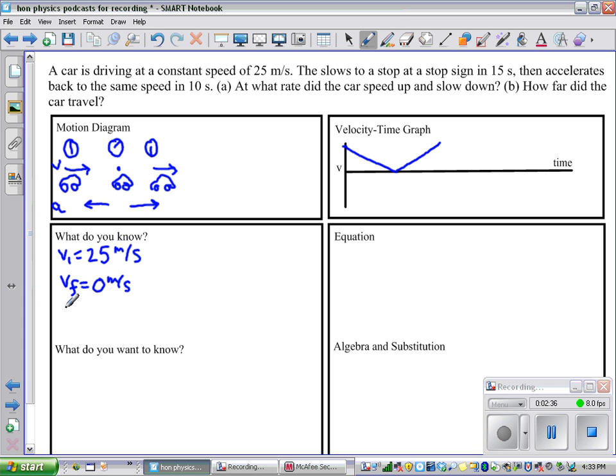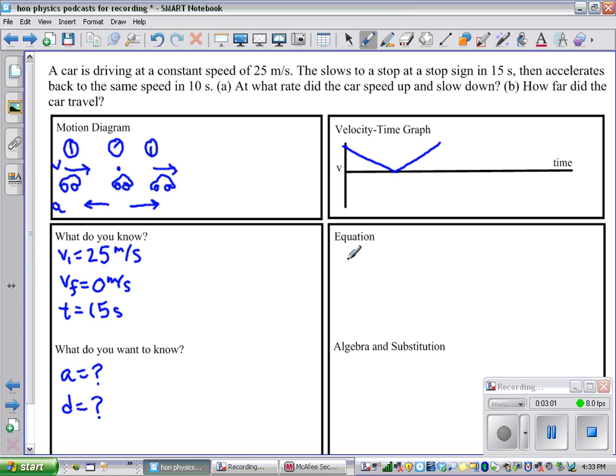Slows to a stop in 15 seconds. We know the time is 15 seconds. And for that part, we want to know the rate of acceleration, and we also want to know how far the car traveled. So let's concentrate on that first, and then we'll worry about the second time interval.